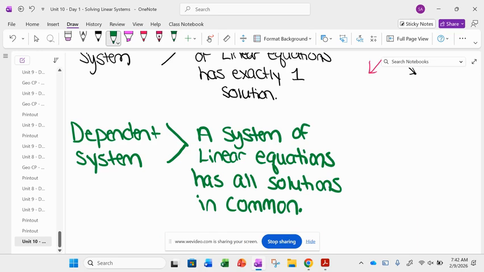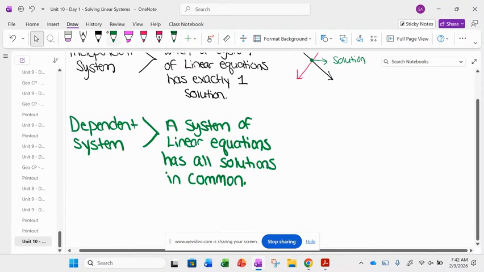So an independent system is when those two lines cross in just one spot. What do you think it looks like when a system of linear equations has all solutions in common? Vivek? Yeah, one line is completely on top of the other line.